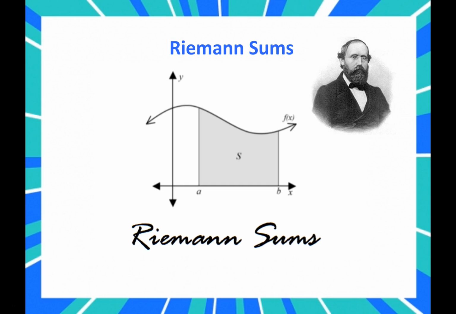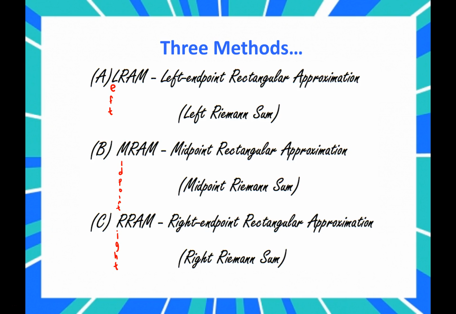So our topic is called Riemann sums, and that is Mr. Riemann right there, and his head is cold, so I'll give him a hat. And we have three Riemann sums: the LRAM, the MRAM, and the RRAM. Well, L stands for left, M stands for midpoint, and R stands for right.